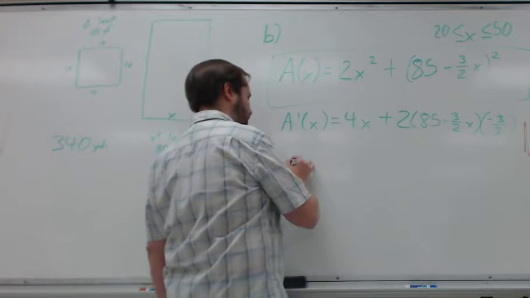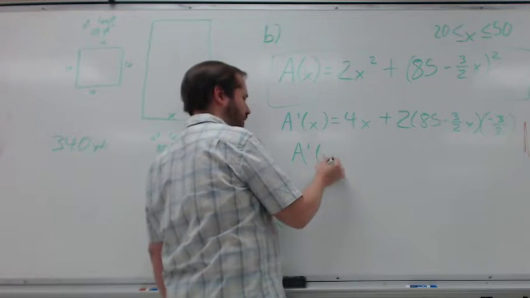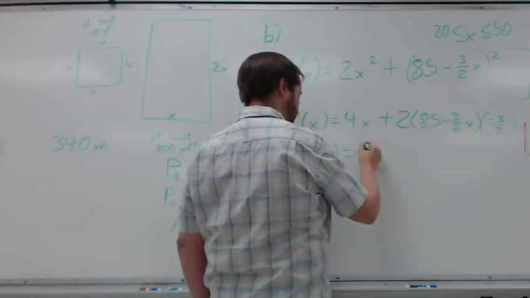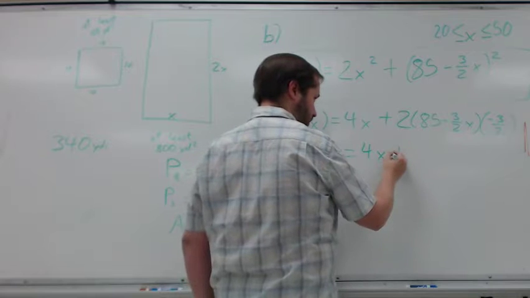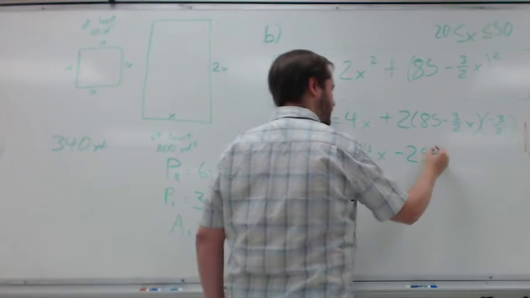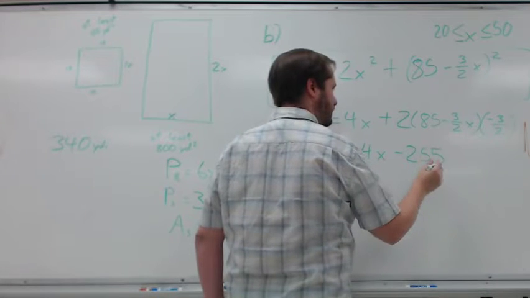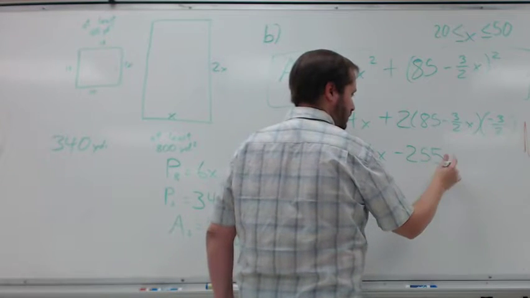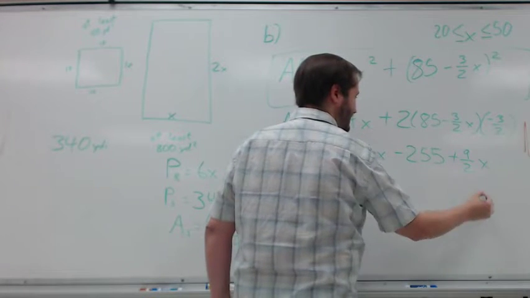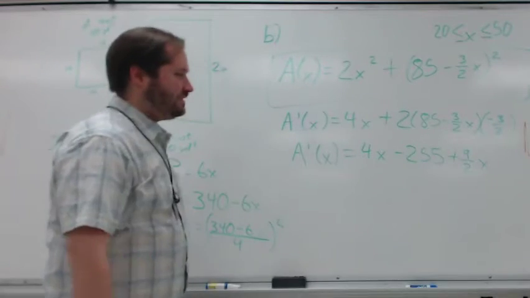Okay, I'm going to simplify this one more step, actually probably 2 more steps, just so we have a nicer equation to look at. That would be 4x minus 255 plus 9/2 x.